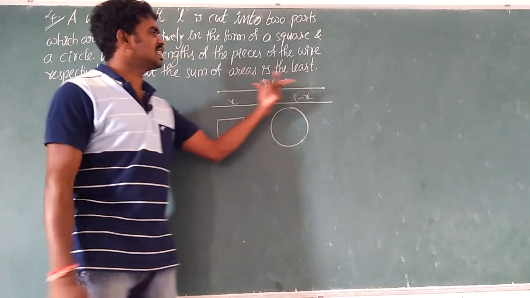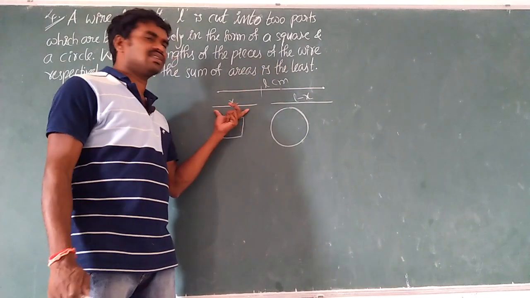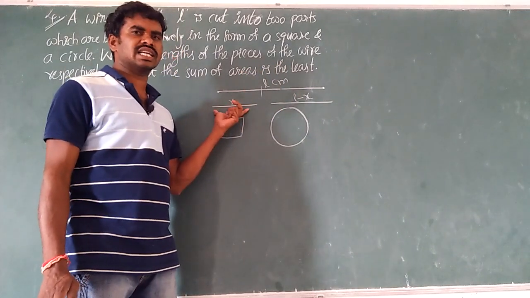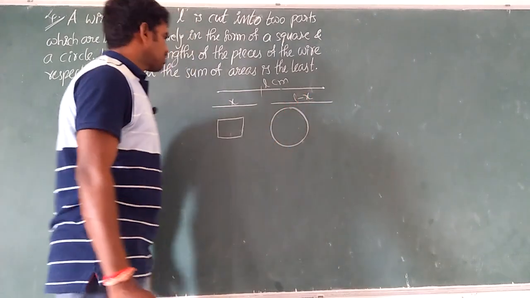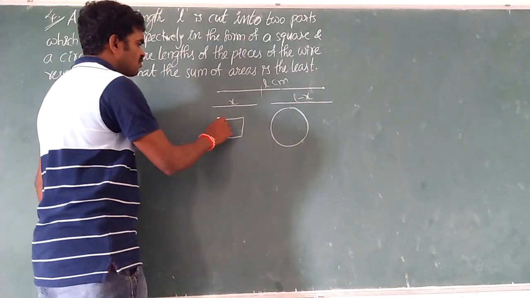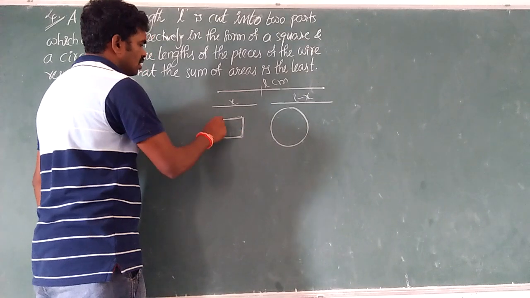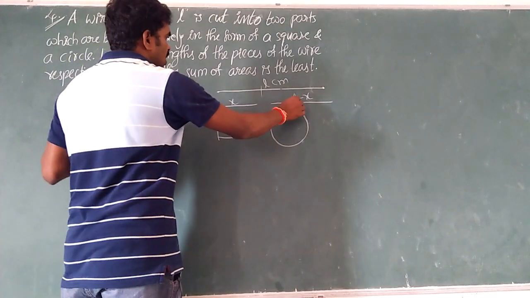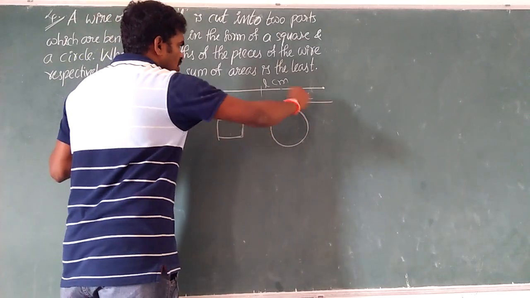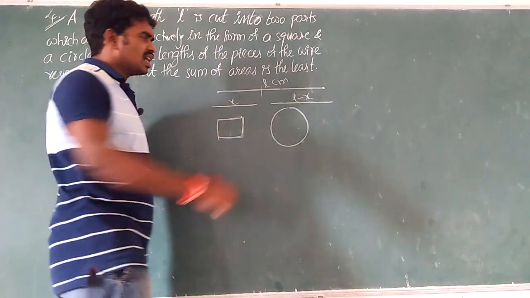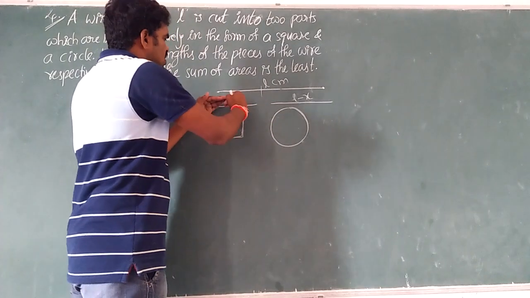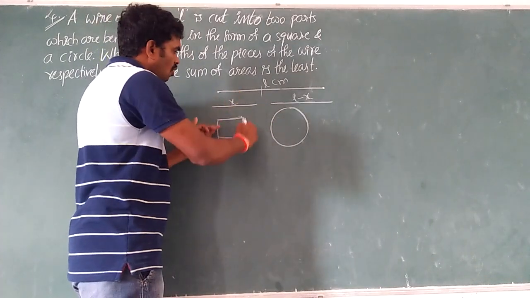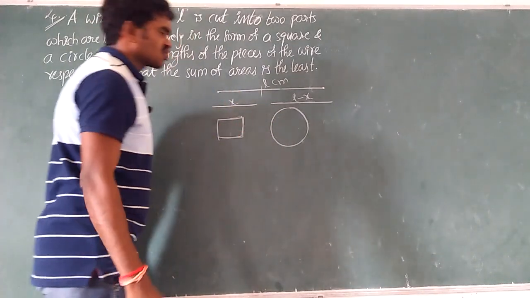Like that, total length is L; if one part is x, the remaining part is definitely L minus x. Using x, I formed a square. The remaining part L minus x, I bent in a round, and that becomes a circle. This part bent with corners becomes a square.